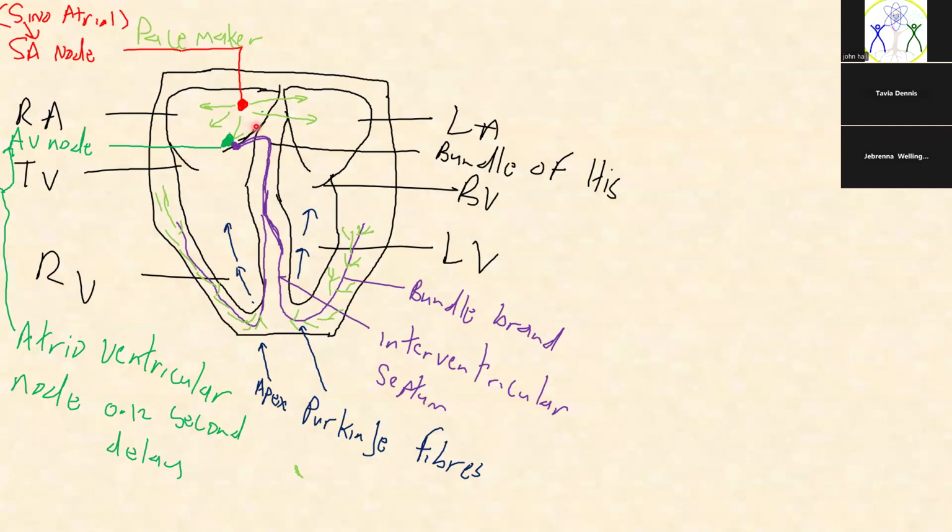Once that happens, of course, blood gets pushed into your ventricles. Then now, you're going to have the signal also reaching the atrioventricular node, the AV node, which is in the lower part of the right atrium, near the ventricle. That's why it's called the atrioventricular node, because it is near the junction of the atria and the ventricle.